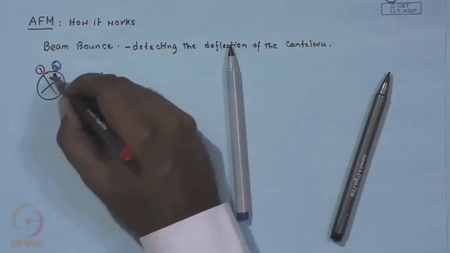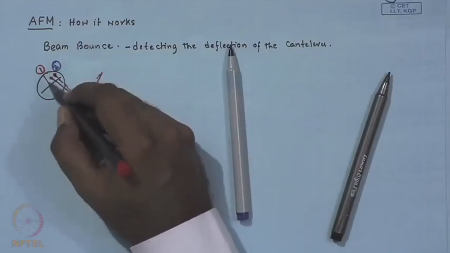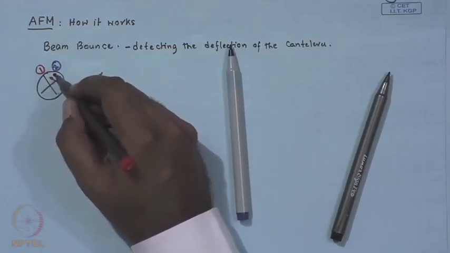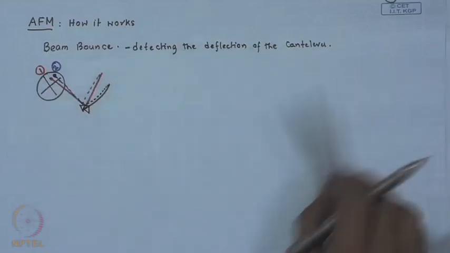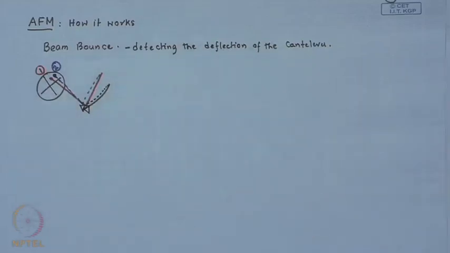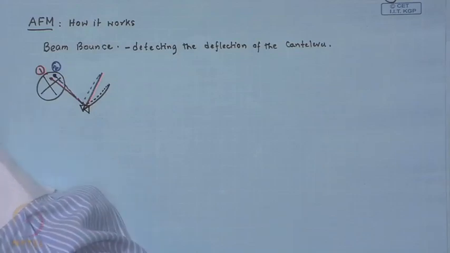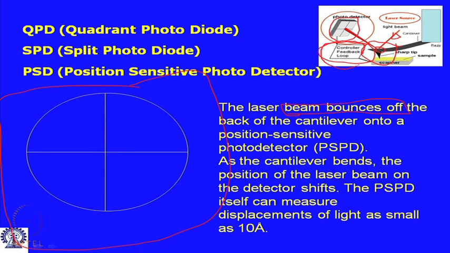So, there is now an error generated in terms of voltage between these 2 points, and as we have told in the previous couple of classes, this error is fed to the feedback control loop, which adjusts the position of the scanner, or the cantilever, by elongation or contraction.